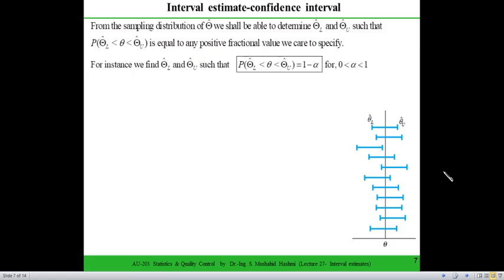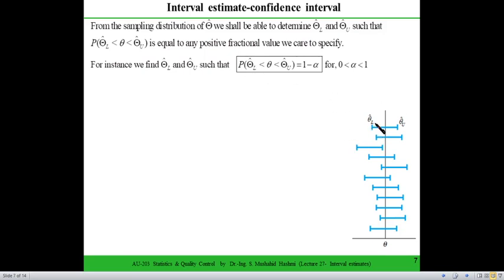For instance, theta L is the lower limit and theta U is the upper limit, and the small letter represents the estimate of that estimator. Capital theta L is an estimator for the lower limit, and its value is theta L. For every sample this theta L value would be different. So theta L in general is a rule, a formula or a strategy, by which we get the estimate of that estimator.